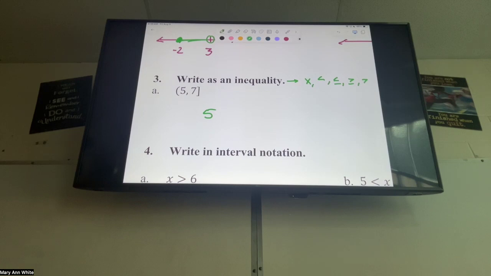Whenever we have it in this interval notation, we're going to go less than, less than. My question to you is, is it just less than or equal to or just a less than? So is this parentheses with the 5, is that just a less than or is it less than or equal to? Just less than. Now I'm going to throw that X in there. And then does that bracket make that 7 less than or equal to or just a less than? Less than or equal to.